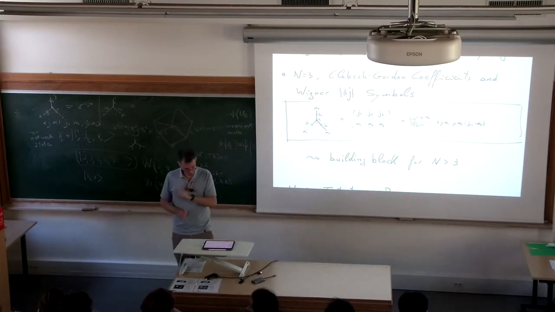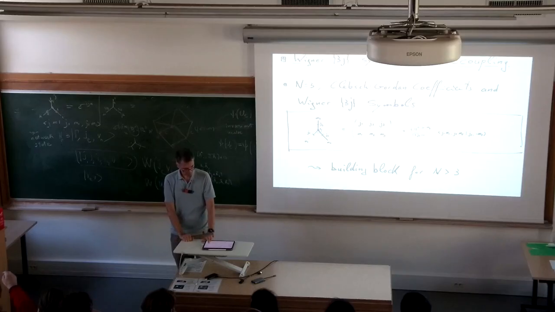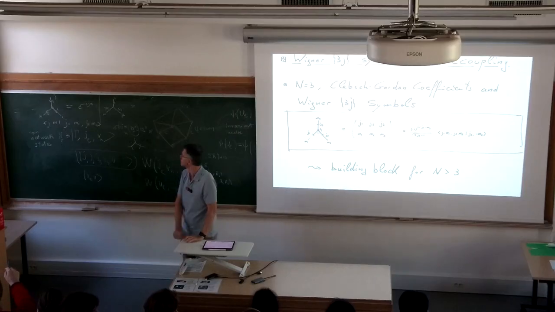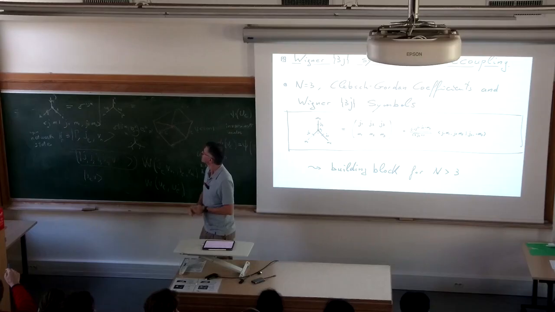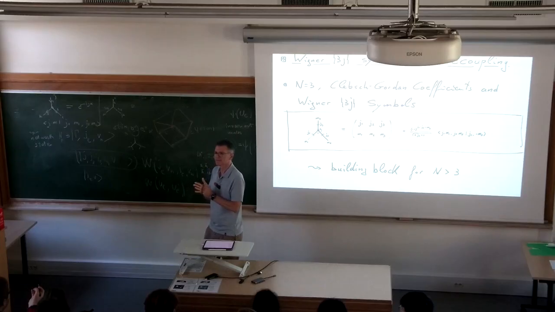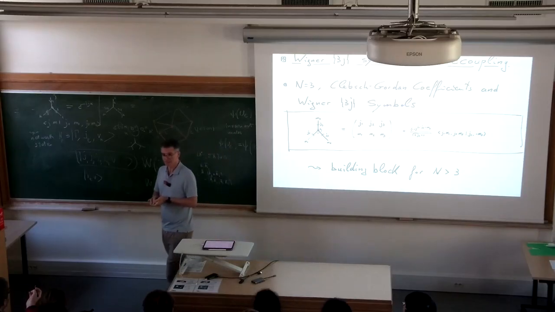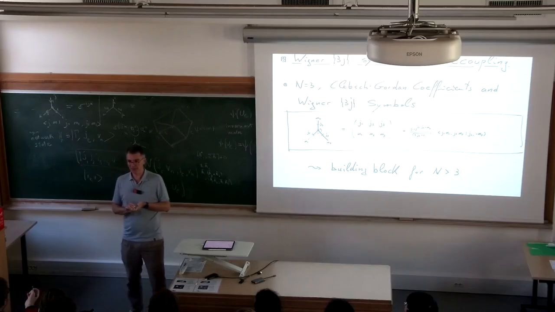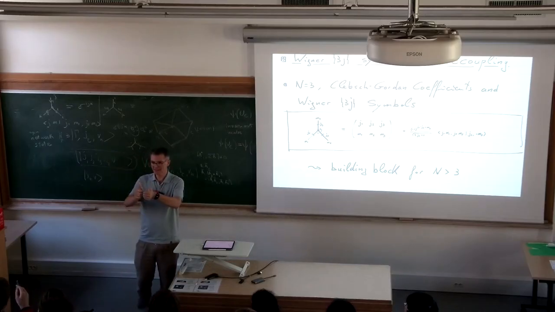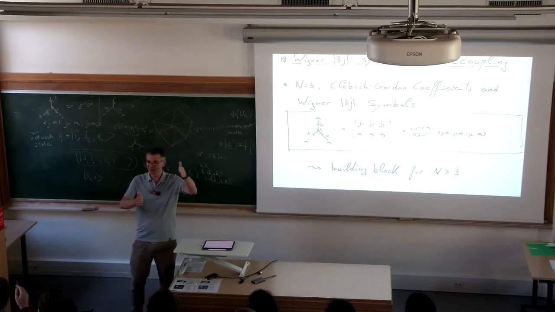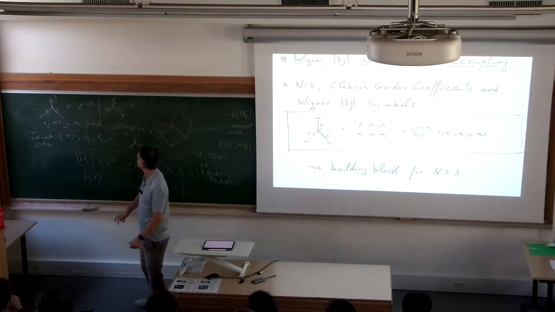Yes? I want to go back a little. Because I see that 1 comes in and 2 ones come out. Shouldn't there be some kind of conservation of angular momentum at the vertex? That's conservation of angular momentum. 1 times 1, you can do 0, 1, and 2. And so it can combine into 1.